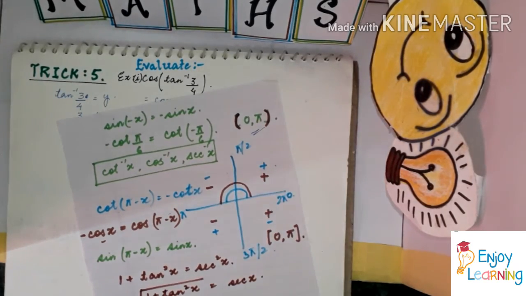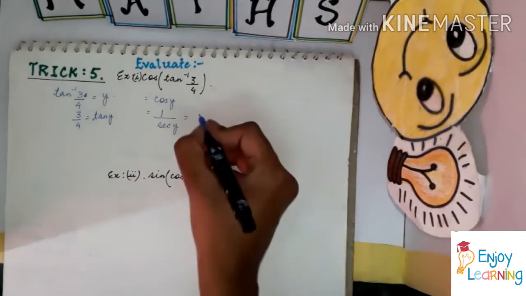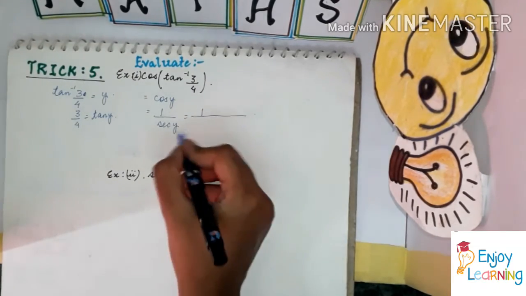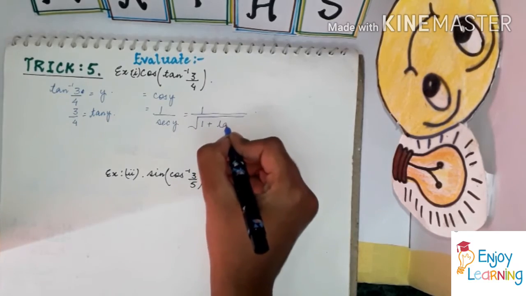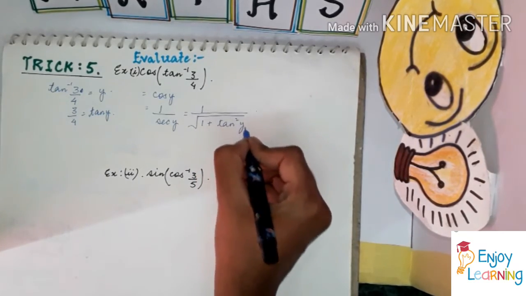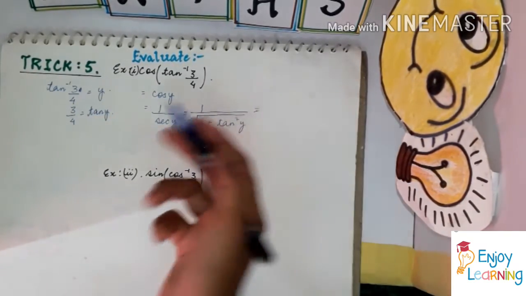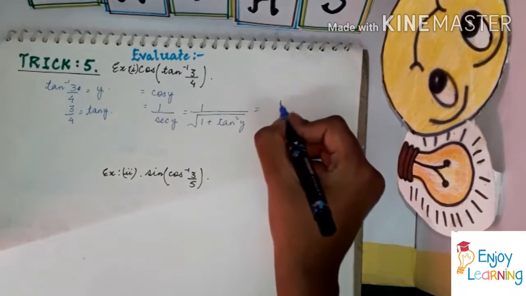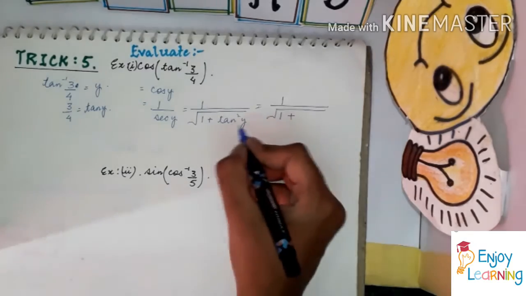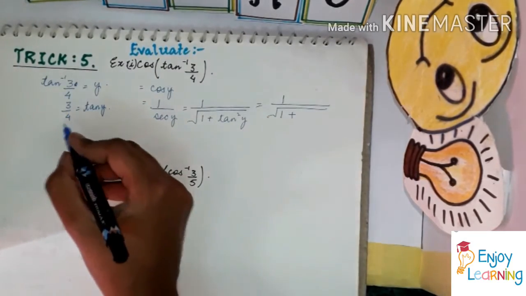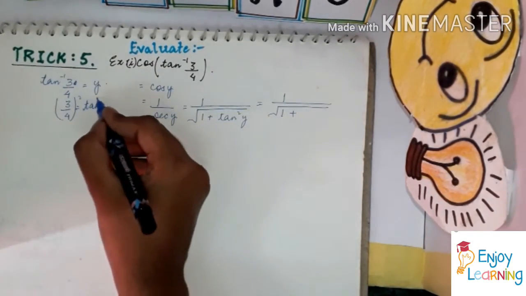This is what you have to do here. In place of sec y, you can write under root 1 plus tan square y. Now here, you are already having the value of tan y, so you can use it. 1 plus tan square y, that means 3 upon 4 square.